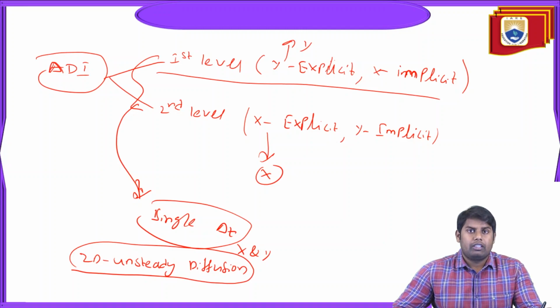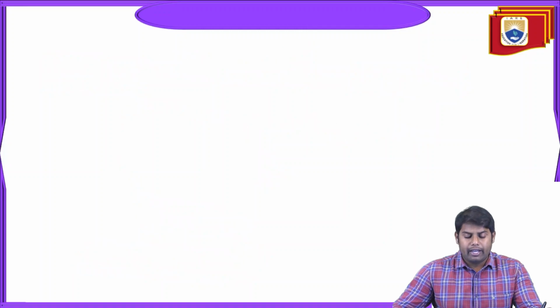In today's session, we have seen the ADI method, which is called the alternating direction implicit method. It is a two-step solving method, a combination of explicit and implicit, which constitutes a single time step giving the unknown values from the known values.